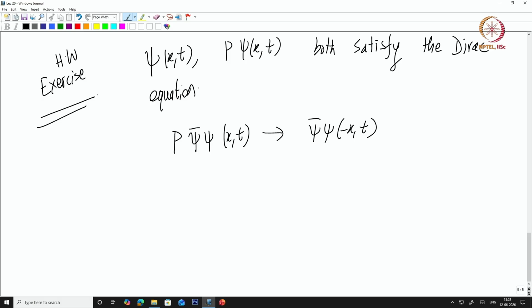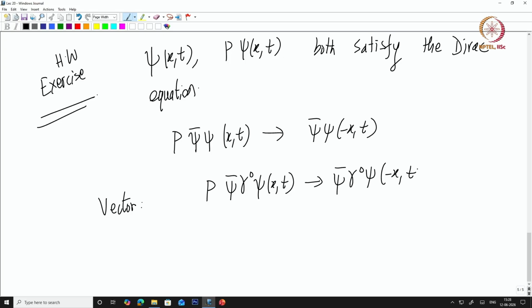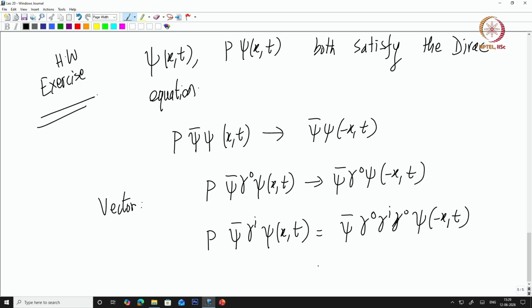But for the vectors, P acting on psi bar gamma 0 psi of x, t goes to psi bar gamma 0 psi of minus x, t, whereas P acting on psi bar gamma i psi of x, t is equal to psi bar gamma 0 gamma i gamma 0 psi of minus x, t. This picks up a minus sign.